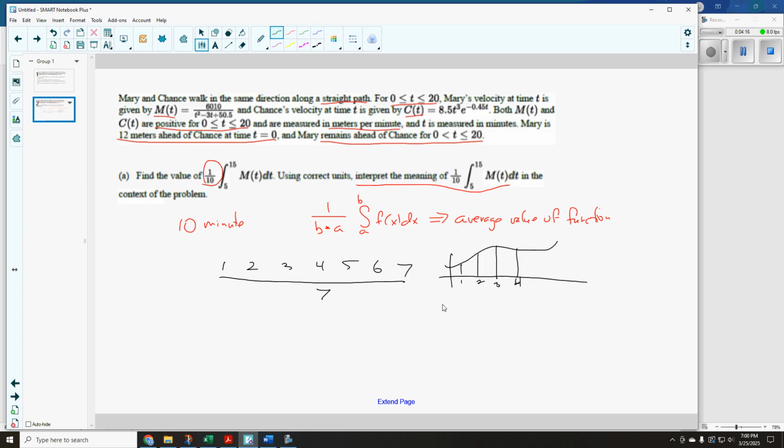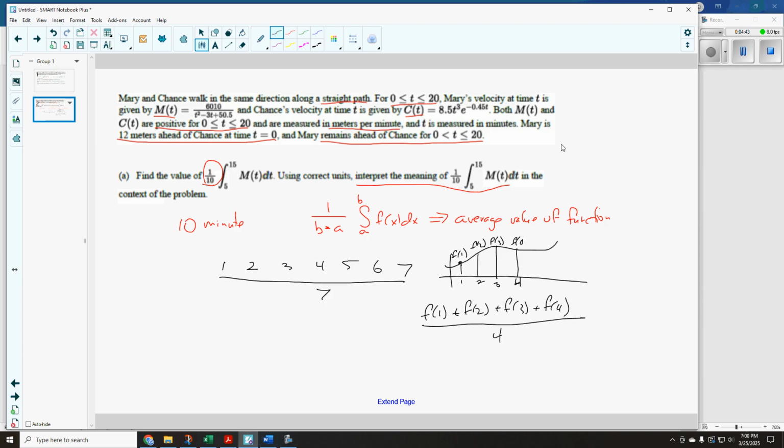So I could take f of 1, which is right here, and I could take f of 2, and f of 3, and f of 4. I could take all of these, add them up, and then divide by 4, because I have 4 different values.